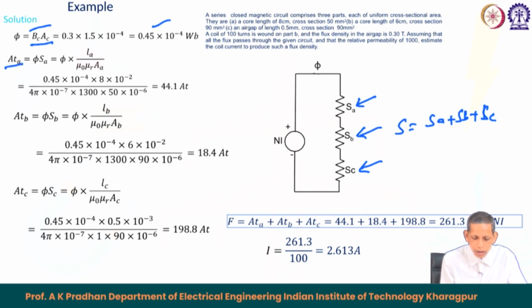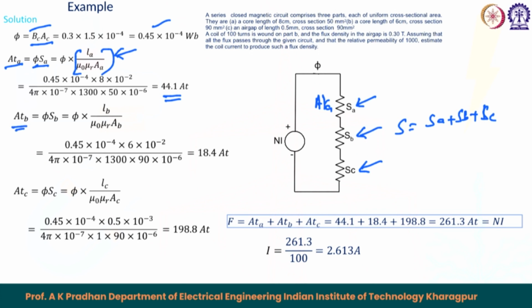So, ampere turn A equals phi into S A. Ampere turn here is the mmf drop here, ampere turn A is phi into S A, phi is available to us. So, S for the A part is L A upon mu into A. So, from that we find the ampere turn S phi for part A equals 44.1 ampere turn.